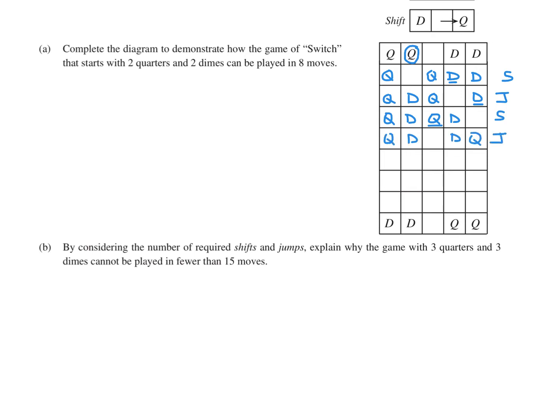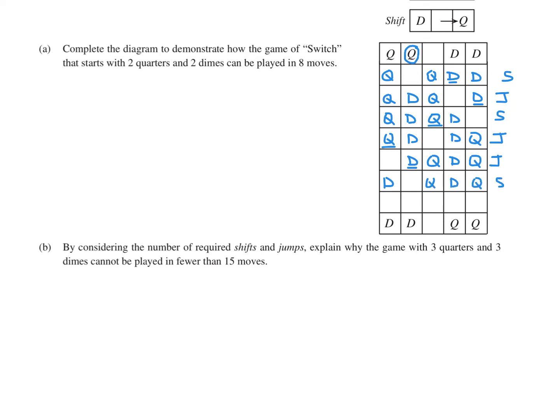That's a jump. And then I guess, at this point, what am I going to do? The Q, I guess this first Q can jump over and land here. Yeah. That's a jump, right? And then what am I going to do now? I guess this D can shift over.